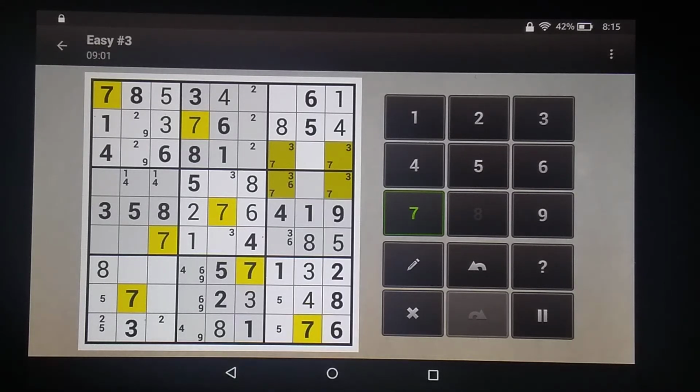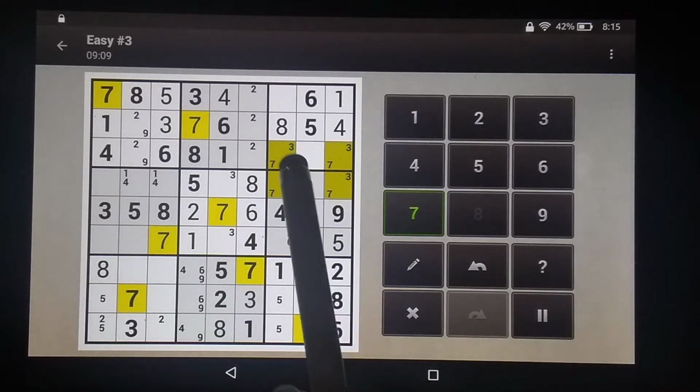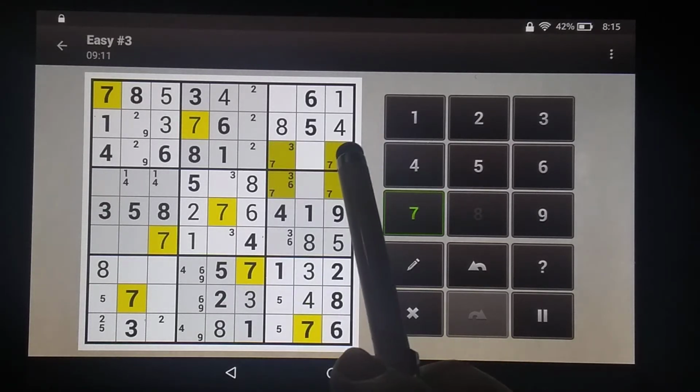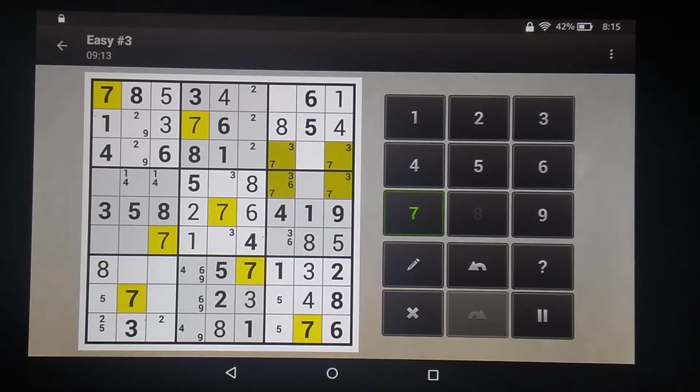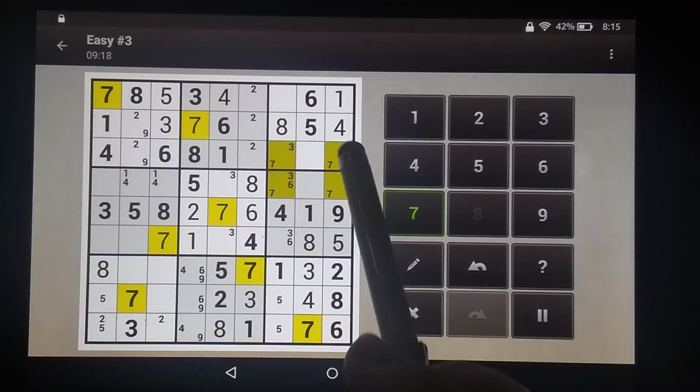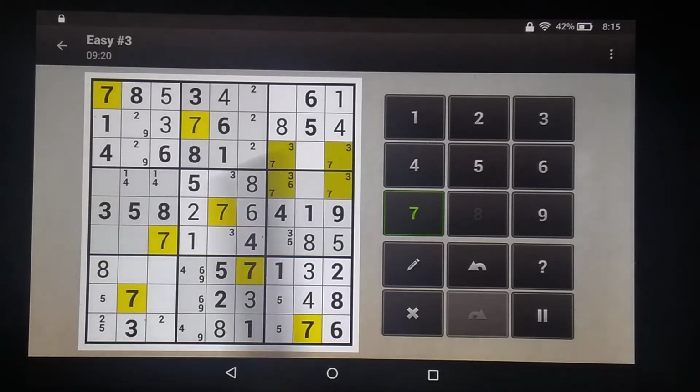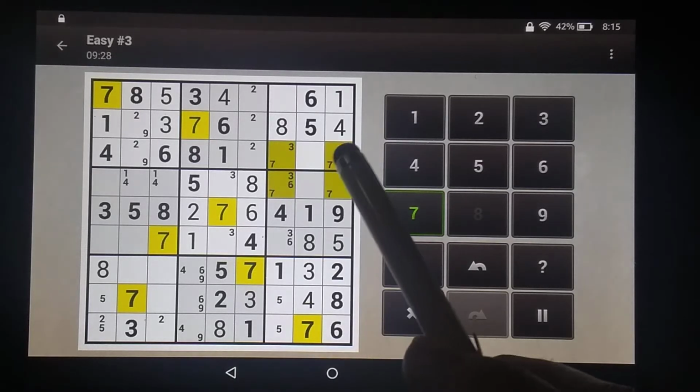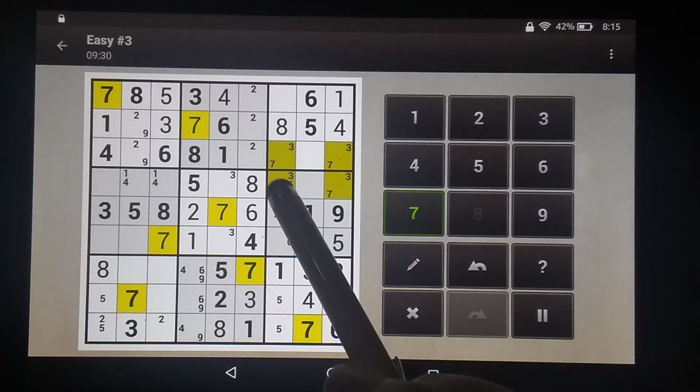There is a complicated technique that we will cover more as you go into the more moderate and difficult ones that says we cannot have a 7-3, 7-3, 7-3, 7-3 situation. Because if these 4 all had 7 and 3 as the possibilities, there would not be one unique answer, because you could have the 7 be here, and this be a 3, and this be a 7, and this be a 3.